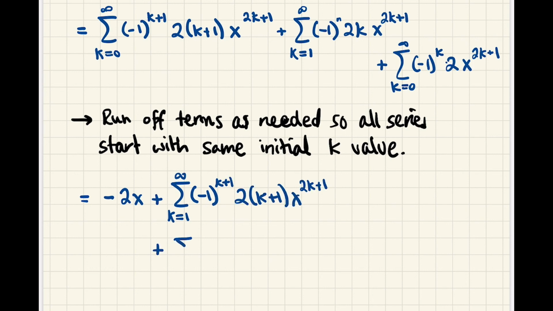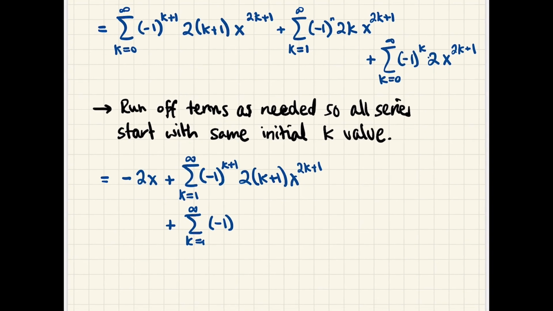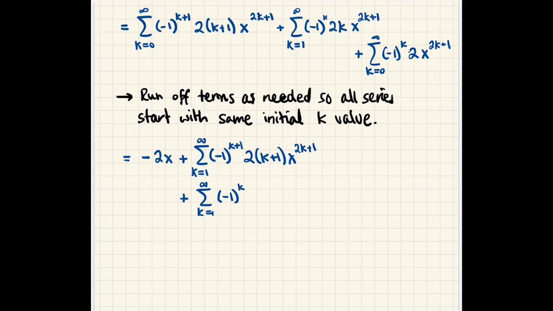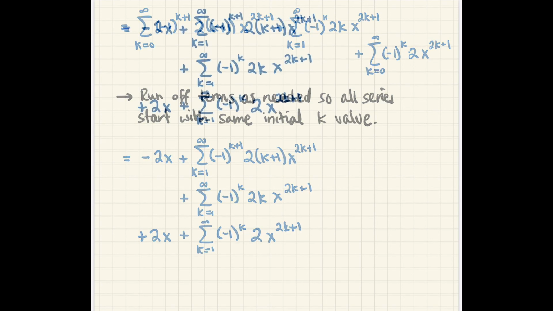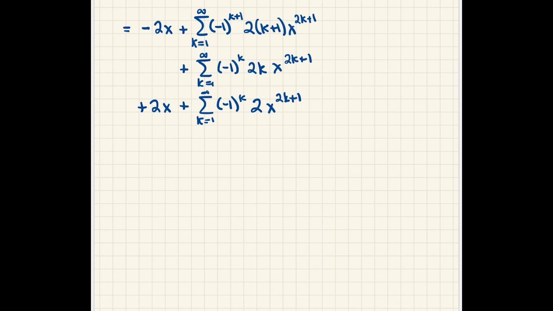Okay, the next series, we'll leave it alone because it already starts at k equals 1. And the last series, we need to run off a term of that one. So that's going to be positive 2x. Okay, so remember, we're hoping this comes out to 0.